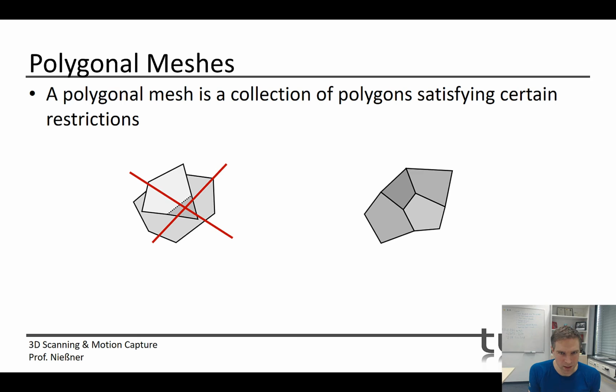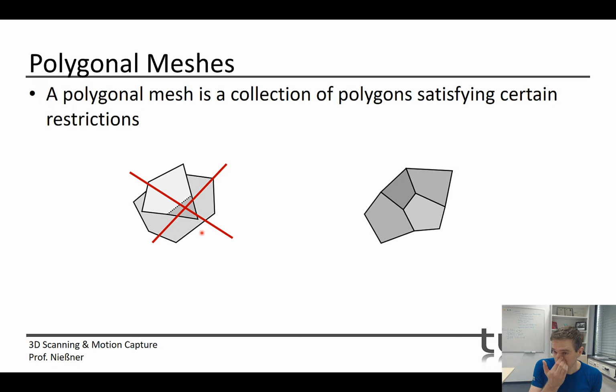One thing I mentioned already is that a polygonal mesh is a collection of polygons, but the problem is they can also be broken in a certain way. You can define stuff that is not really a valid surface. For instance, here we have one face that goes beyond the other surface, and this is a broken representation.